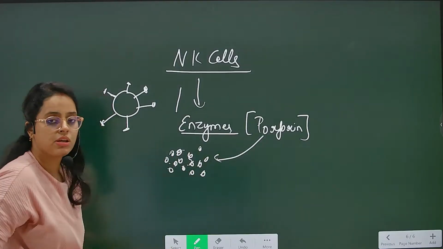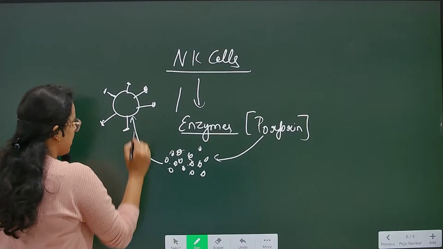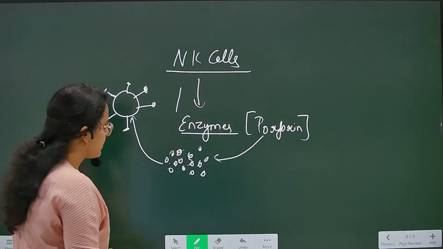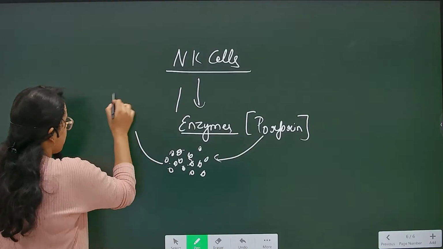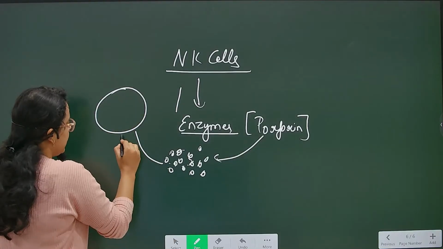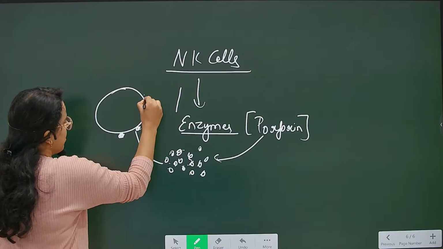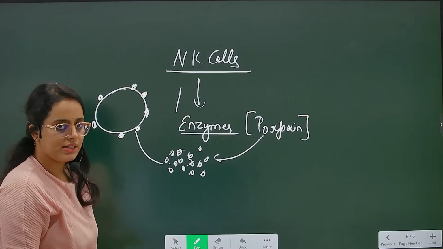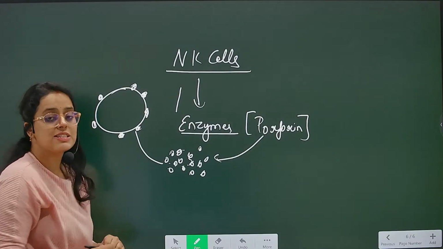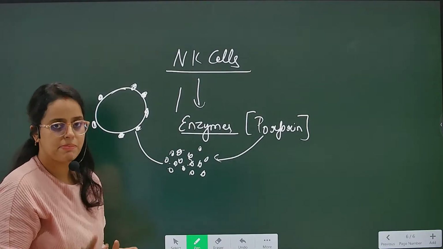Okay, these enzymes bind with the bacteria or virus. If suppose this is the bacteria, they bind with the membrane of the bacteria. The membrane is made up of proteins and lipids, right?